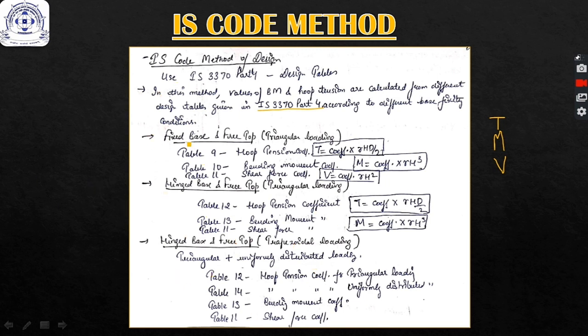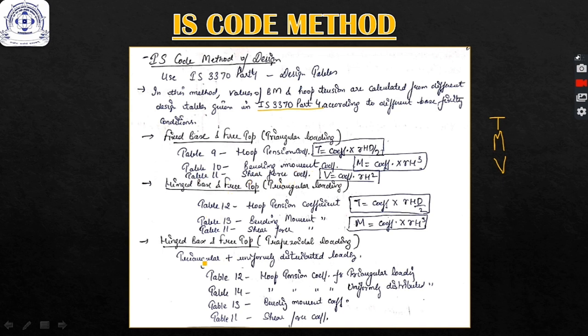First of all we select which case we have, then we must know which table to use for which case. For fixed base and free top, table number 9 of the code shows the values of hoop tension, table number 10 shows that of bending moment, and table number 11 shows shear force.